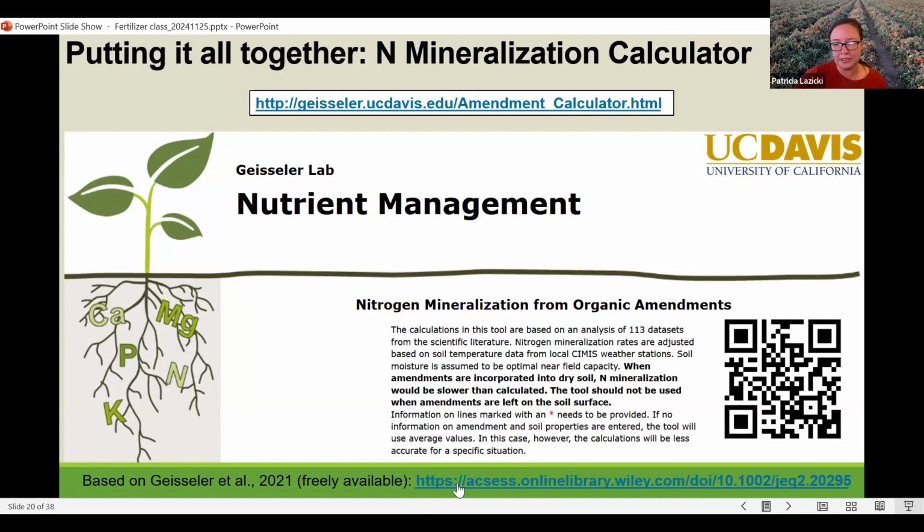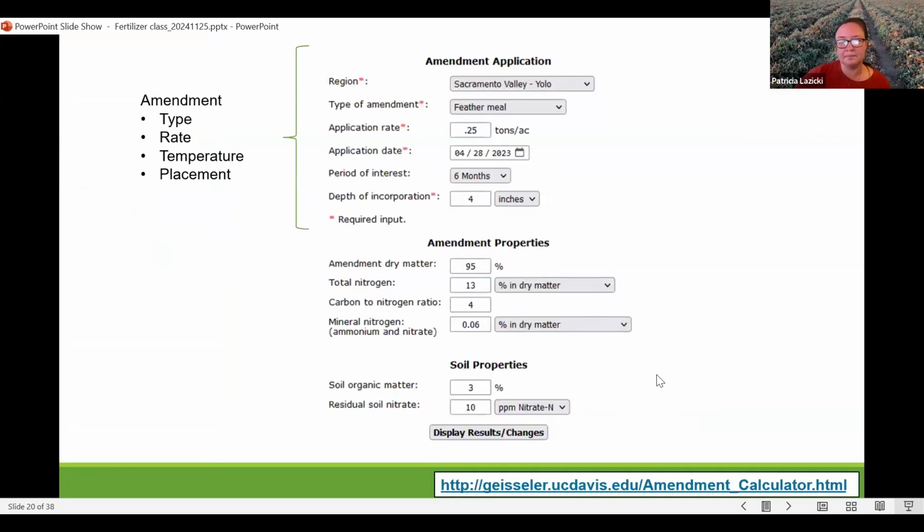There's the link here. If somebody wants to drop it in the chat, this QR code will take you there, and there's a mobile site. So what you'll do is you have to put in the region, and that calls temperature averages seasonally for that region.